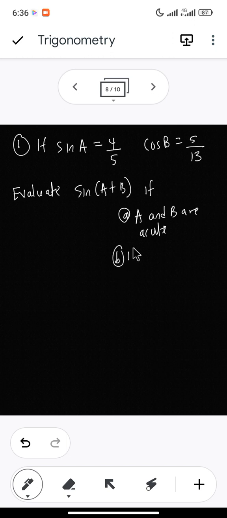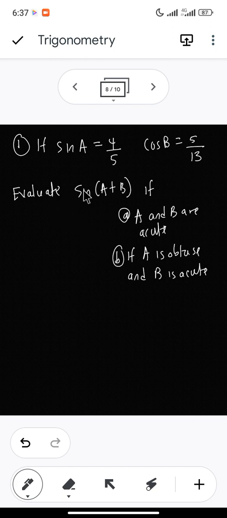Then part B, if A is obtuse and B is acute. These are different examples from all the ones we've been solving before, a combination of everything we've learned so far in this video.